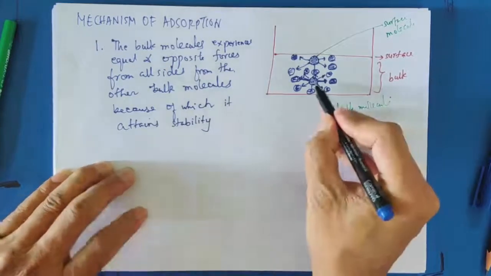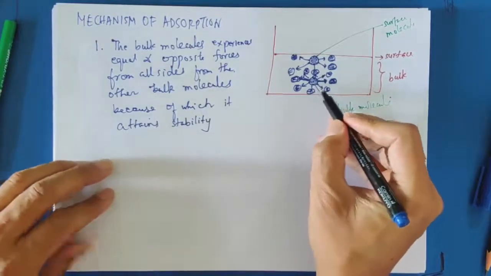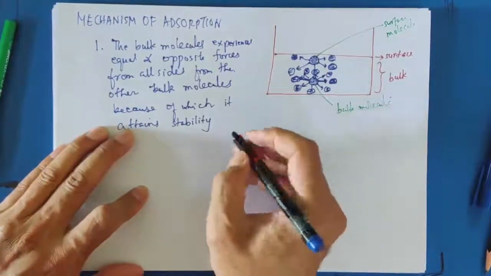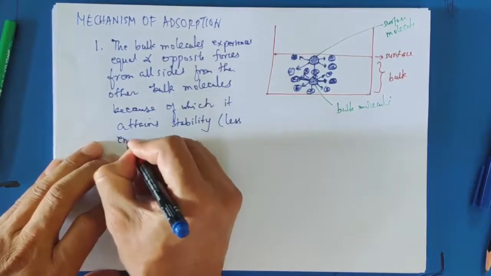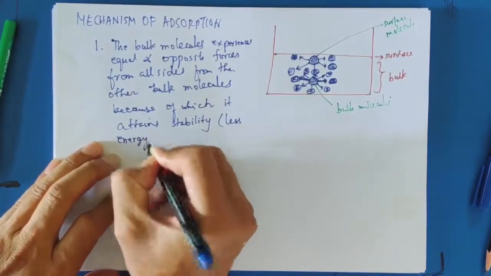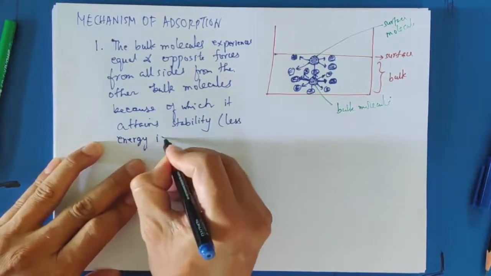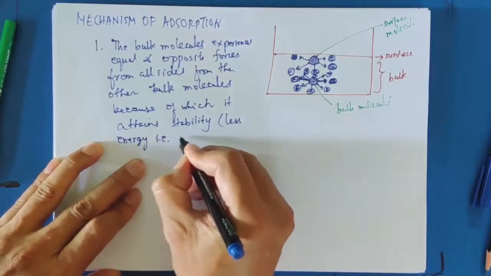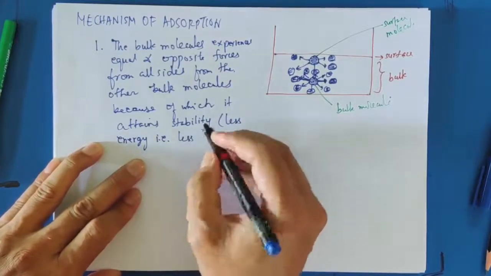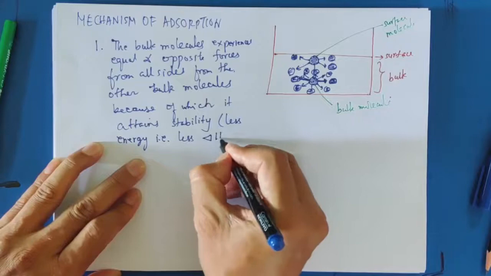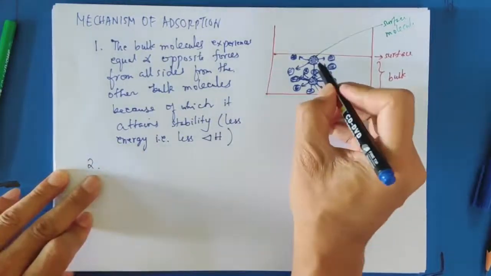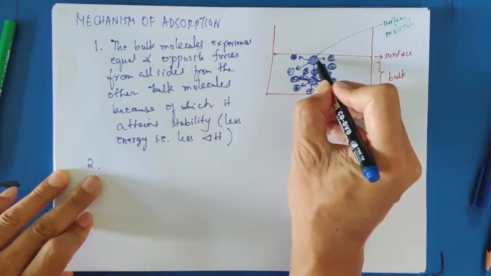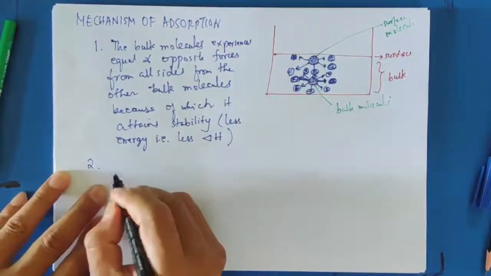Stability means less energy; in thermodynamic terms, less delta H value. Now let's look at the surface molecule.